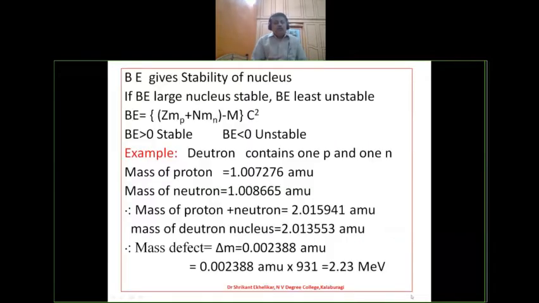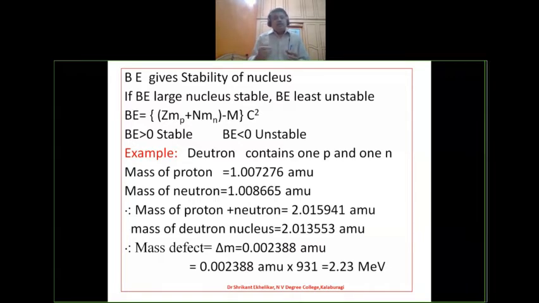Now, you can write more about binding energy and understand the use of this value. Binding energy gives us the stability of a nucleus. To keep the nucleons together, minimum energy is required, and to split the nucleus into its components, the minimum energy required is the binding energy.